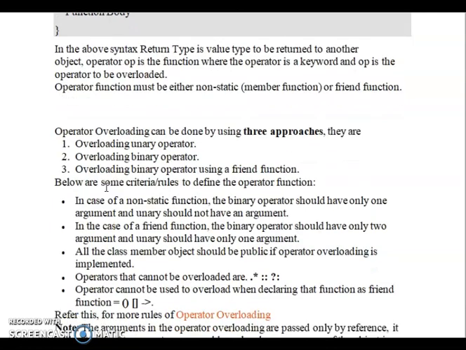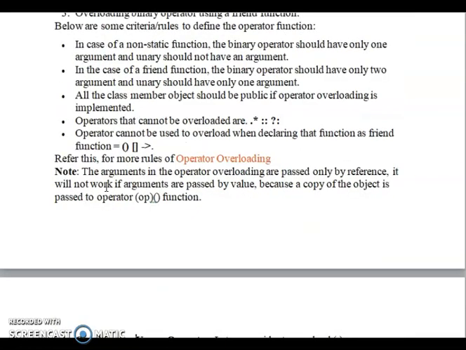In the friend function case, the binary operator should have two arguments and the unary operator should have only one argument. Operators such as asterisk, scope, question mark colon, and sizeof cannot be overloaded, and some cannot be overloaded when declared as a friend function.